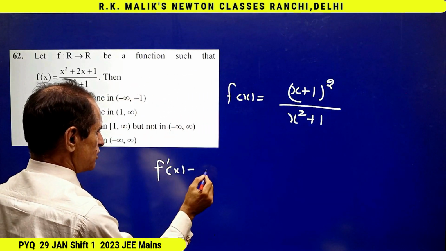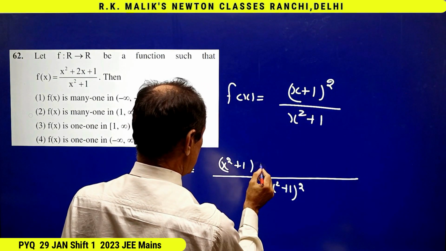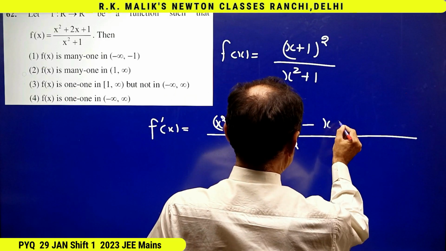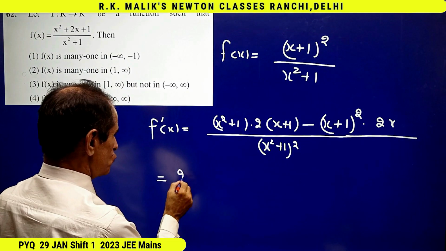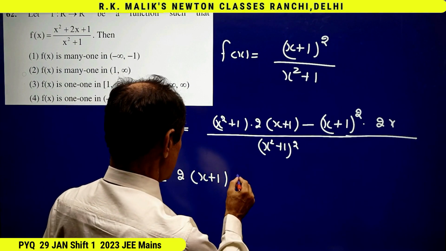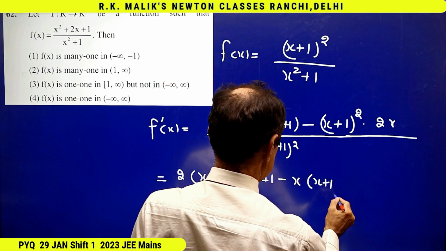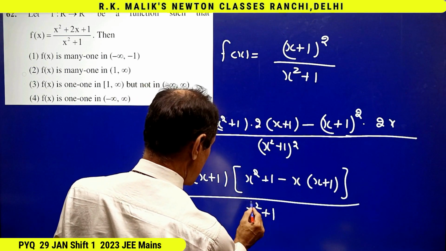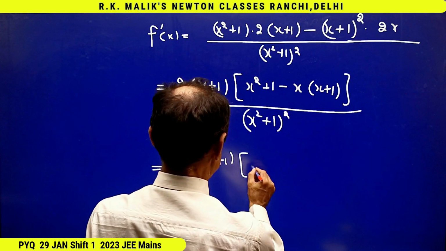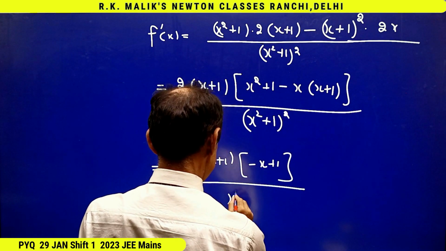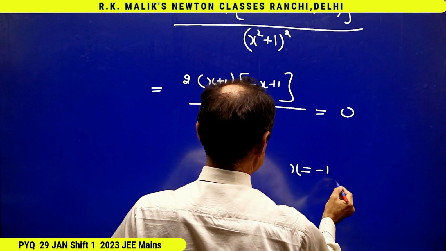That is, f dash x is equal to 2 into (x plus 1) into (x square plus 1 minus x) upon (x square plus 1) whole square, which is equal to 2 into (x plus 1) into (1 minus x) upon (x square plus 1) whole square, and putting it equal to 0, I get the value of x as minus 1 and 1.